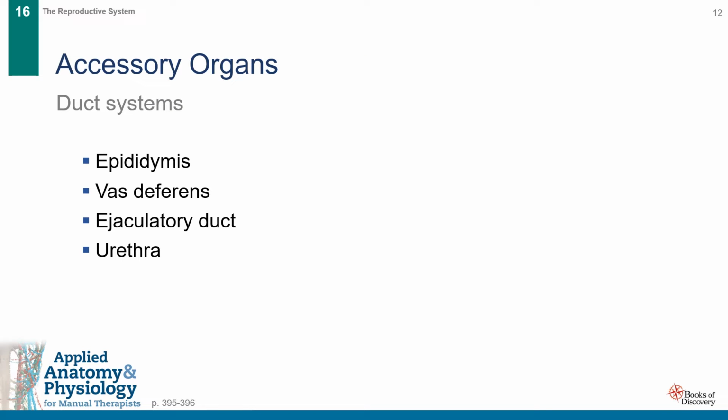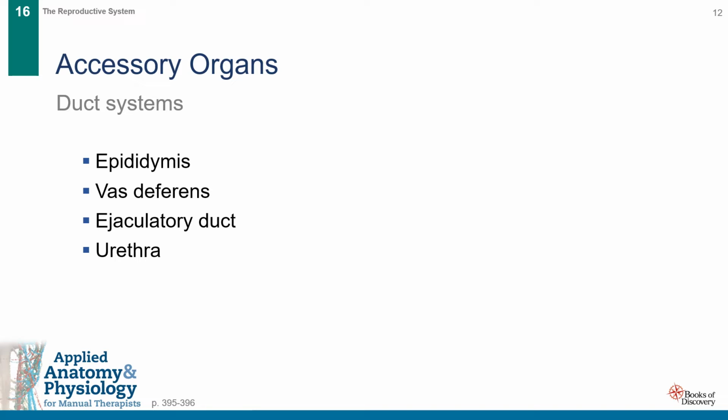Now let's consider the duct systems. The production of sperm and fluid within the seminiferous tubules of each testicle eventually creates enough internal pressure to force the contents out into a tightly coiled segment, the epididymis, which hugs the posterior lateral side of each testis.